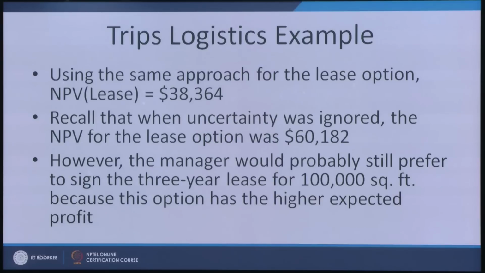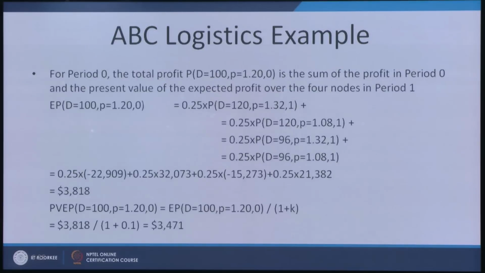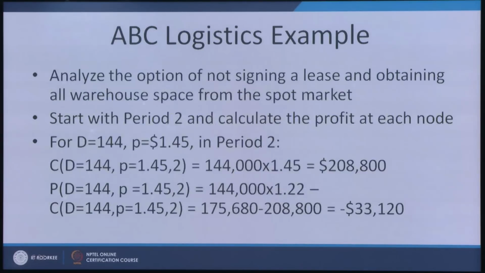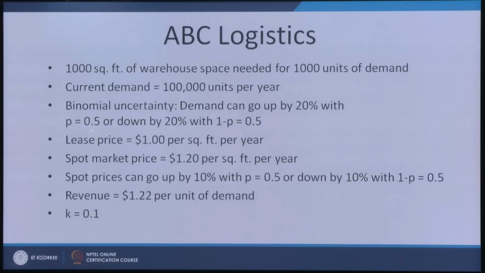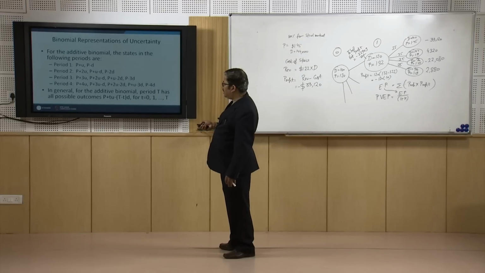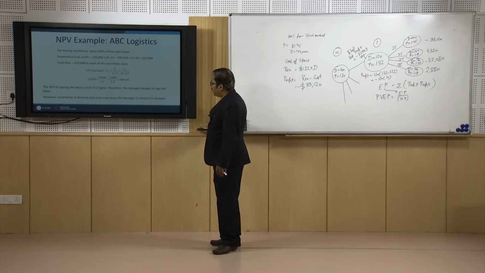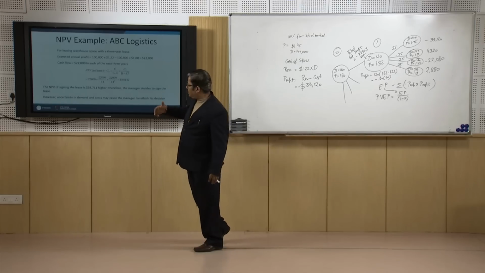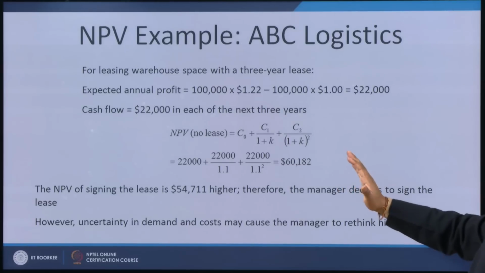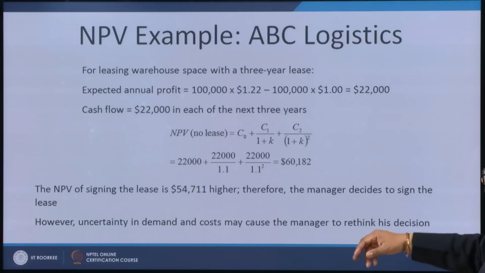And if I ignore the uncertainty, so for this type of issue, if you remember in our 3-4 sessions before, the net present value was coming to be 60,182. Let me take you to those slides where we ignore the uncertainties and we only consider the certainties, and only on the basis of time value of money we determined this case. So when we took that data into account, there was no uncertainty.